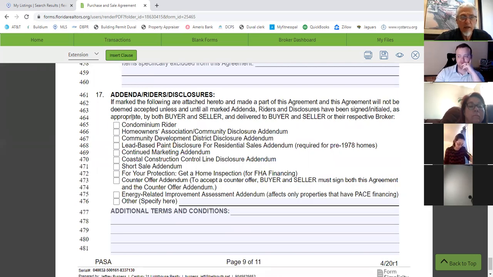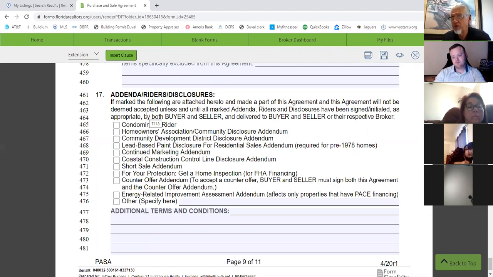And I want you to understand that if you mark homeowners association community disclosure on this contract in that box, and then you don't have the homeowners association community disclosure signed, you do not have a contract. And the date of expiration that we'll get to in a little bit will make that contract go away. So my advice is don't check those boxes.